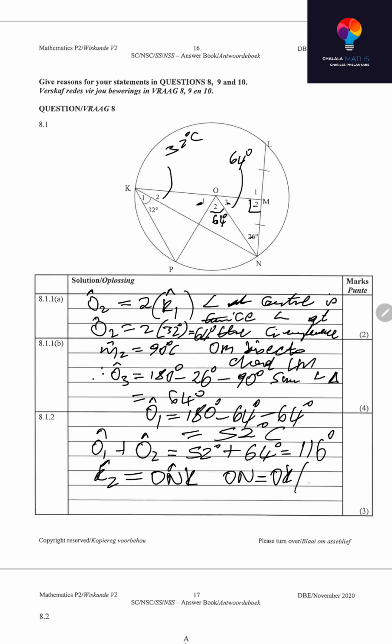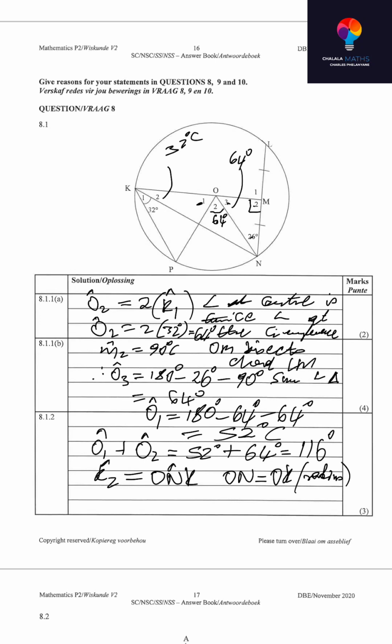They are both radii. So if opposite sides are equal, then the angles will therefore be equal. Remember the isosceles triangle.